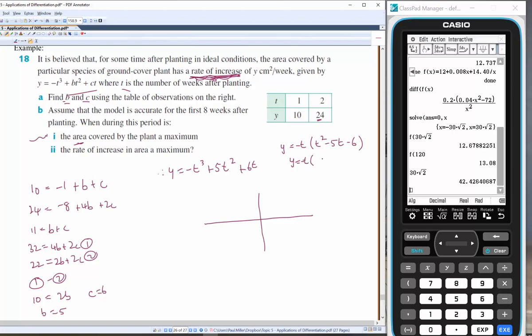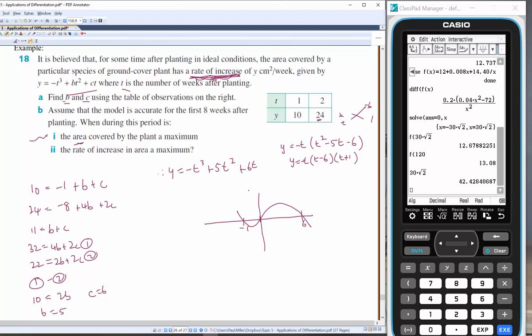That's going to be negative t, t take 6, t plus 1. So we're going to have 0 there, negative 1 and 6, and it's a negative cubic, so it's going to look like that.